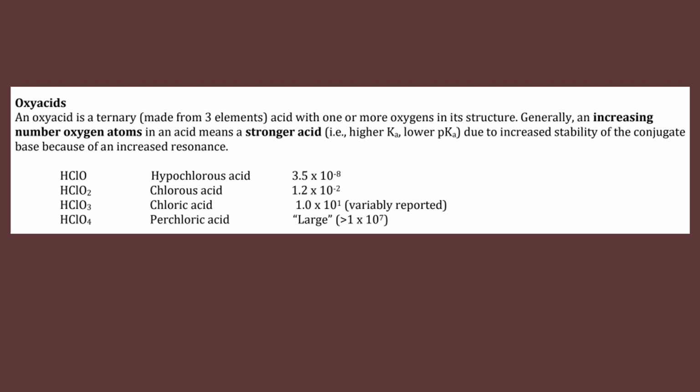The more resonance you have, the more likely it is to want to stay in its ion form, meaning it's going to want to dissociate into H plus and ClO4 minus, for example, because there's more resonance in this particular anion structure. So it's going to want to stay there.